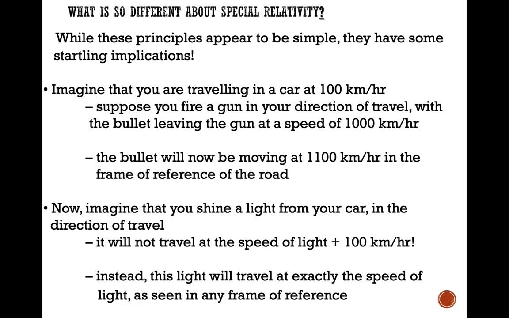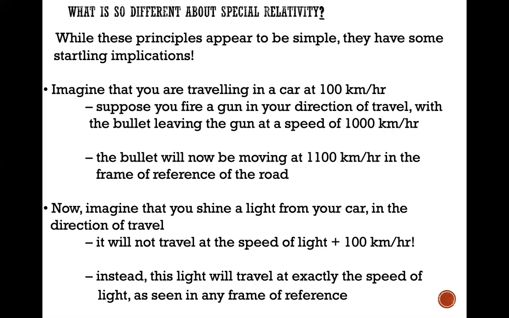This should make sense to you, because this is what we do to calculate relative velocity, right? You have these equations, and even without equations you know how to calculate the speed of an object relative to another object. This is the normal situation. However, now imagine the same situation, but you shine a light from your car in the direction of travel.